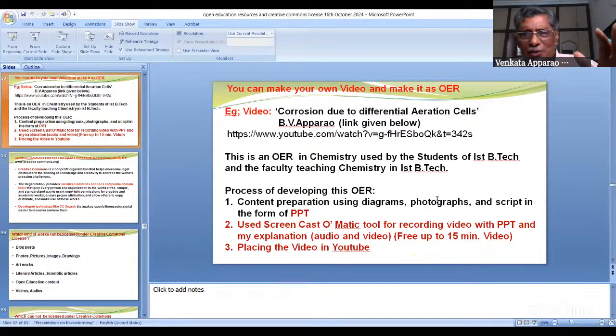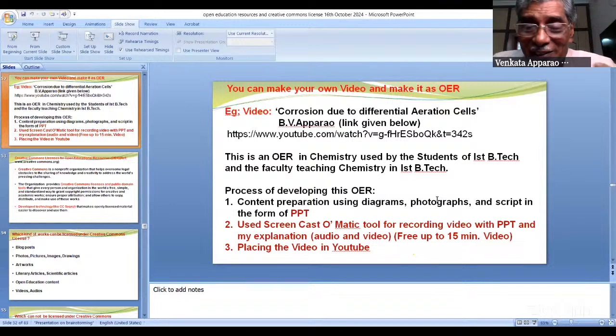So far, I have discussed so many examples of free and open educational resources, including free and open source software, FOSS. For other disciplines, you may not know these examples, but you can find them from the internet.